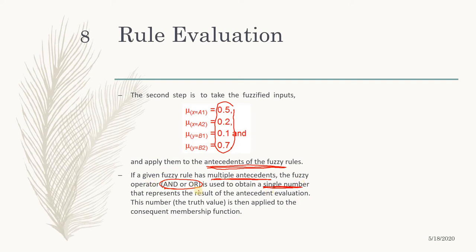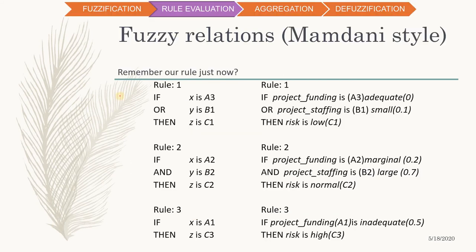This number, the truth value, is then applied to the consequent membership function. Let us take a look at what this means.